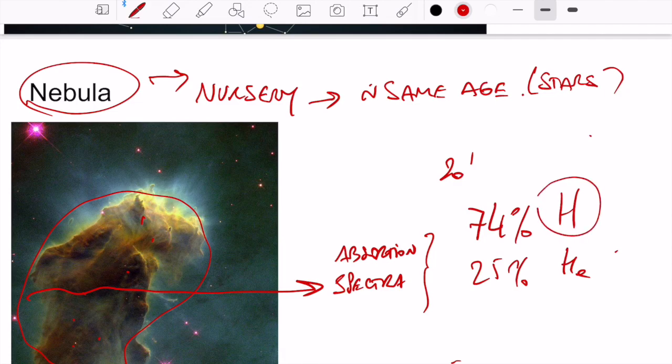So these are the oldest atoms in the universe, and most of the universe is made up of these atoms. This is important information that we get from the stars that confirm the Big Bang theory, in a way, right? So the atoms that are first created are hydrogen atoms.